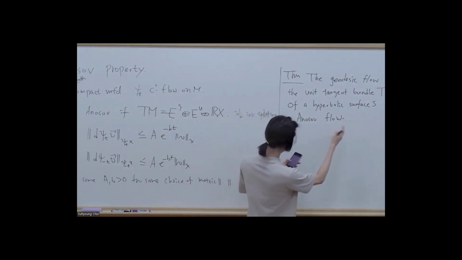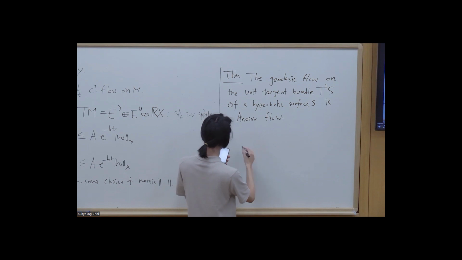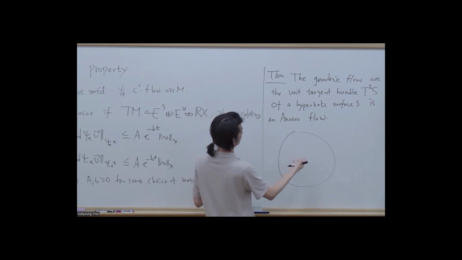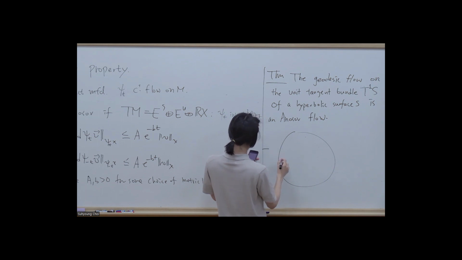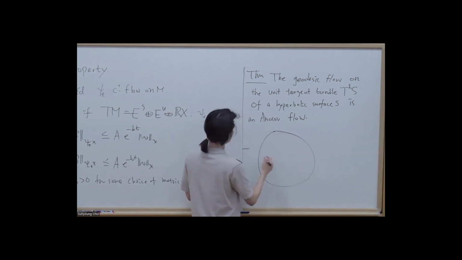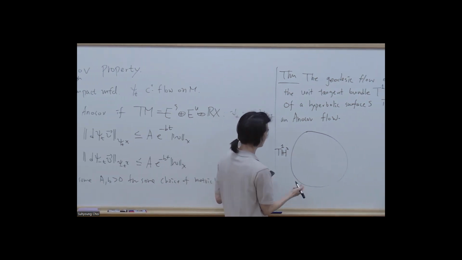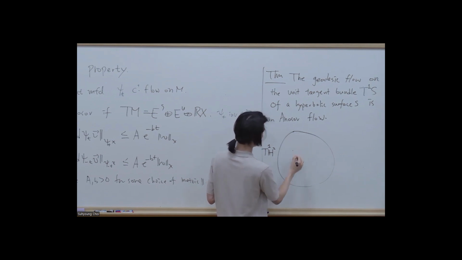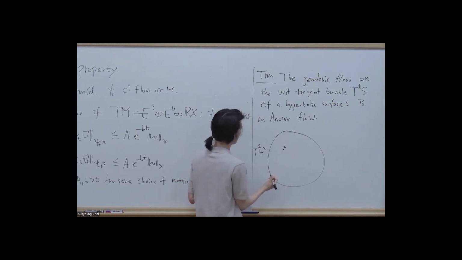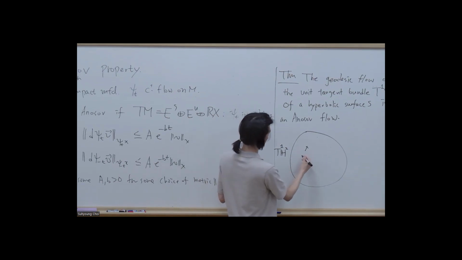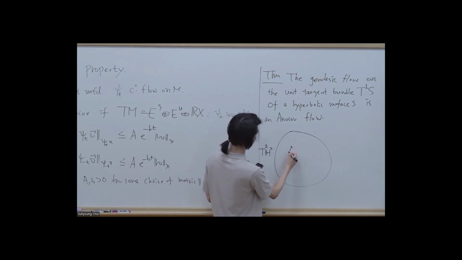I'm not going to prove this, but I can describe it in a pictorial manner. Because this is a hyperbolic surface, if you take the universal cover, it'll be a disk, let's say the Poincare disk. Let's consider the unit tangent bundle over the Poincare disk: pick a point and draw a unit length vector. The geodesic flow line through this point is nothing but the geodesic line that is tangent to this vector.